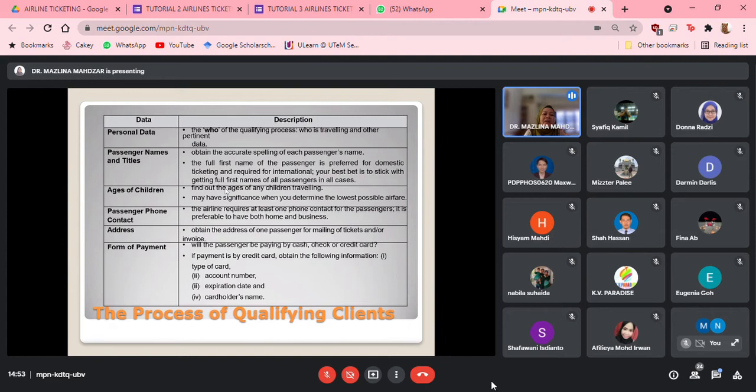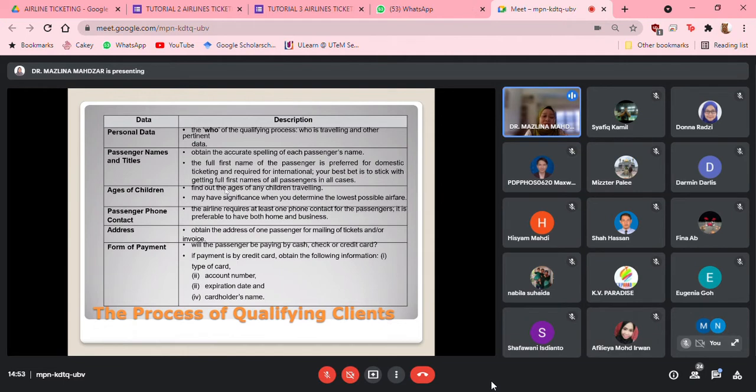Okay, send address. This one is if required, if the passenger requires you to mail them, to post an invoice, so get the information for their address.